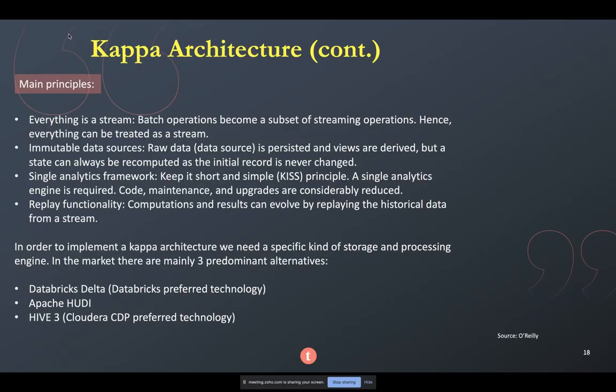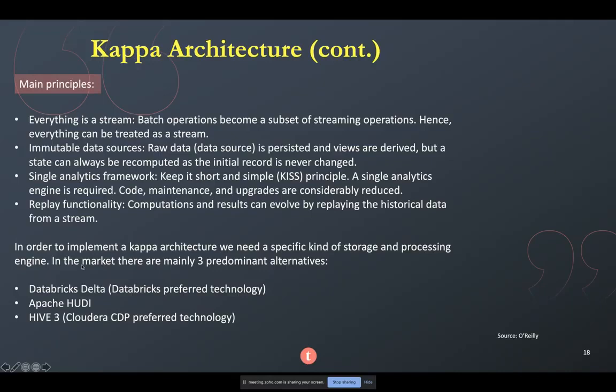The big advantage, of course, as I was saying, is only having one single analytics framework. Instead of having, for example, two business intelligence tools, you can have only one that is interrogating the same kind of storage. And then the replay functionality is what I just described.